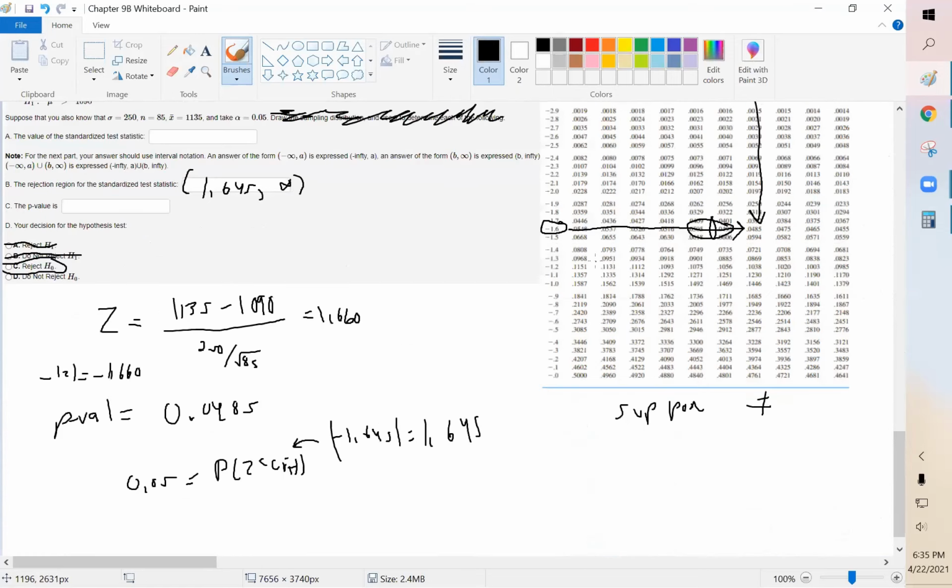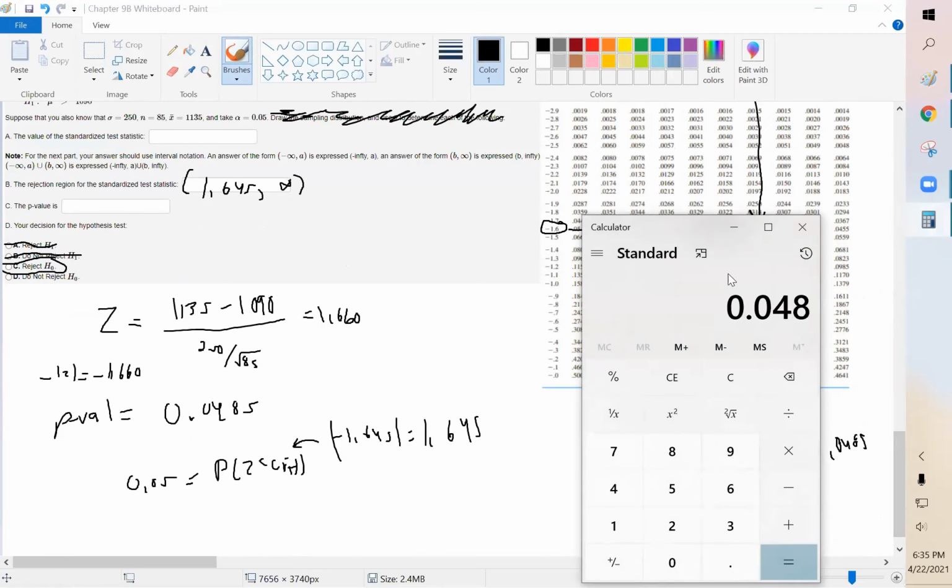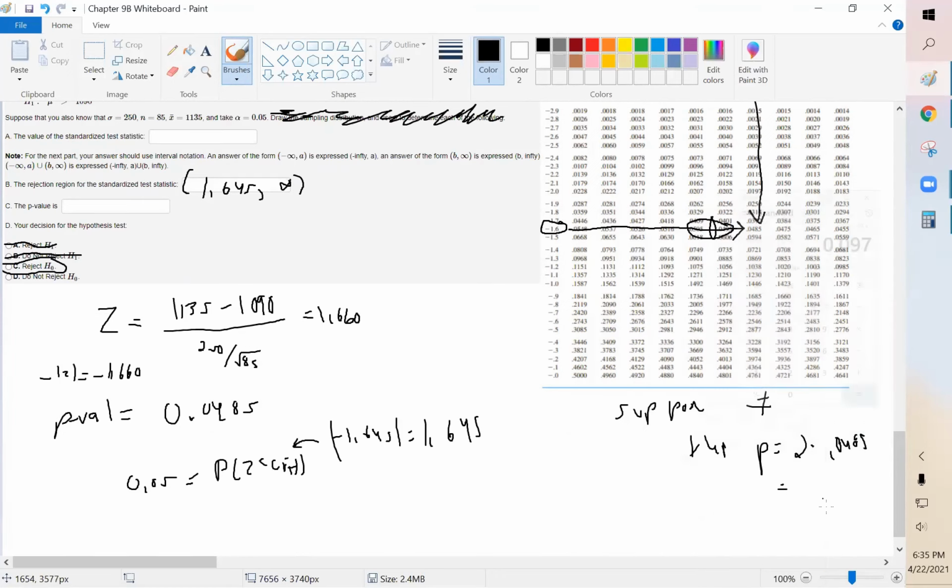So if it was two-tailed, then our p would be equal to 2 times 0.0485, which I believe is 0.097. Let me minimize that. So if it was two-tailed, we would have failed to reject.